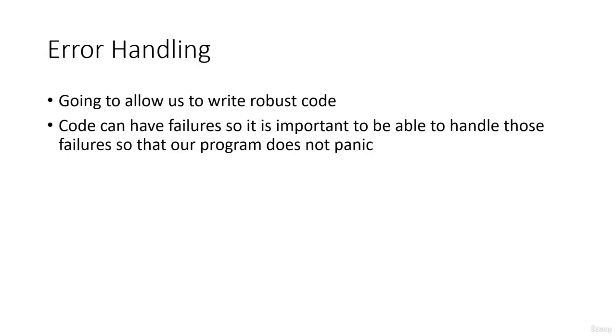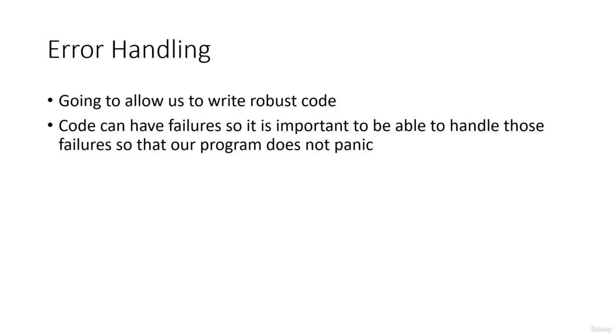And then we'll look at error handling. And this is going to allow us to write robust code, because code can have failures, so it is important for the programmer to be able to handle failures that may or may not happen, because if we don't handle them and then we have a failure, well, our program won't know what to do.